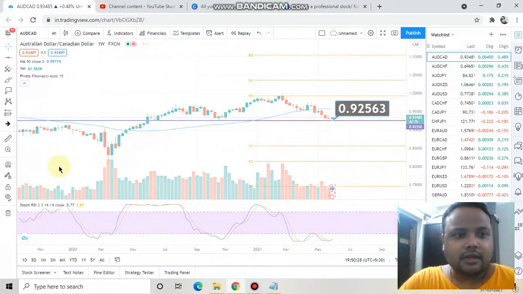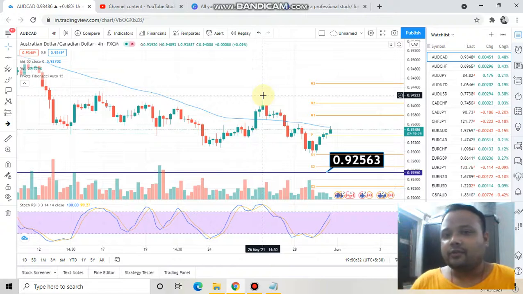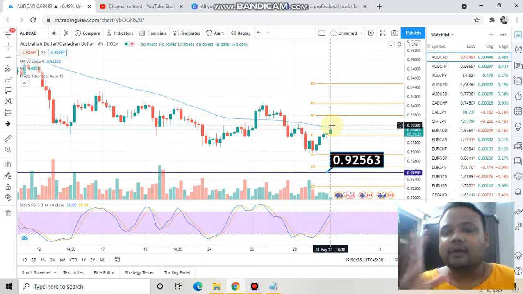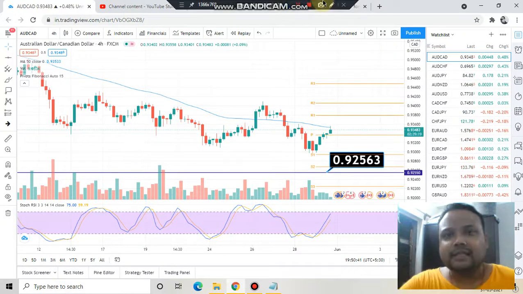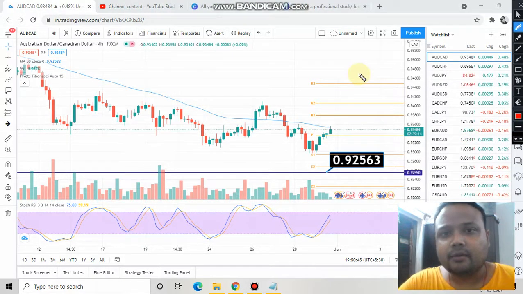So nothing much to say here. As you can already see, market is in downtrend and already standing at the resistance. So wait for one or two candles more and try to see how the price is doing, because you can already see that price is getting rejected from above. For confirmation, wait for another candle.